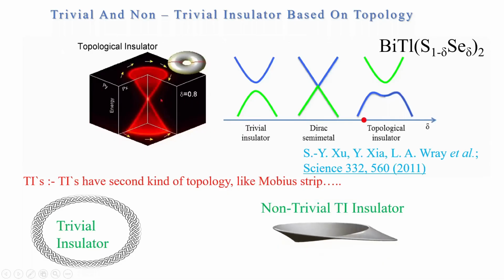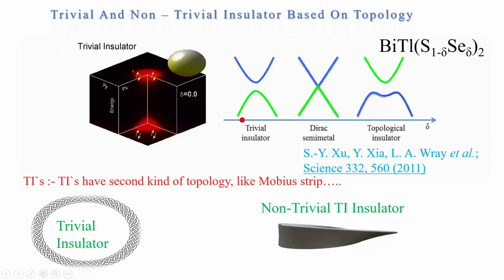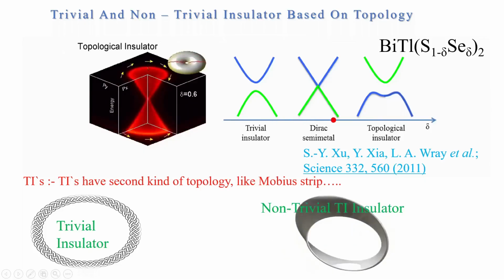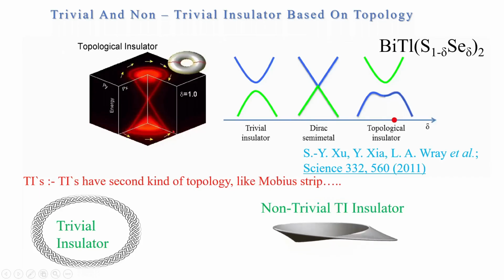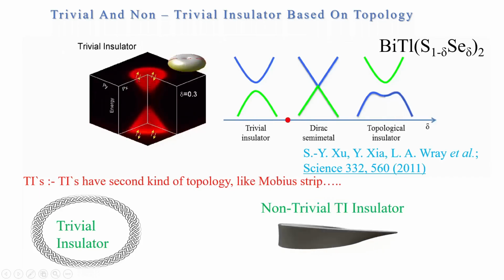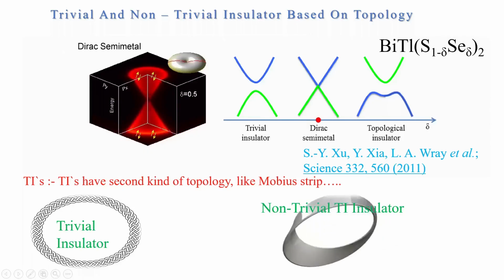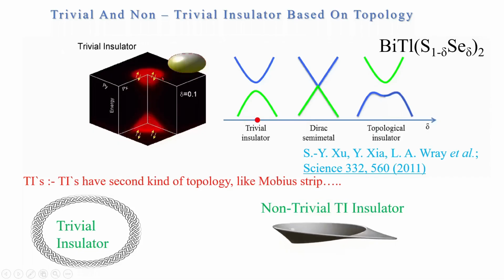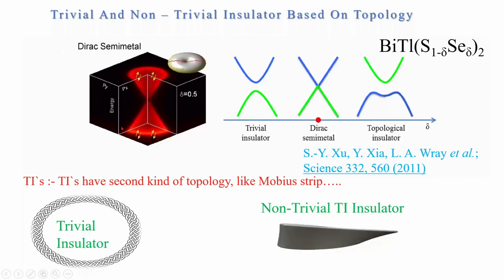But in the topological materials, there are opposite spins on the edge states, and in the continuous deformation, an electron can move along the edge states like this.